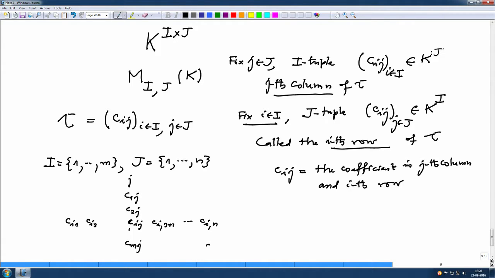The last entry will be Cmn. This is the ith row, this is the jth column, and the intersection is the ijth entry.